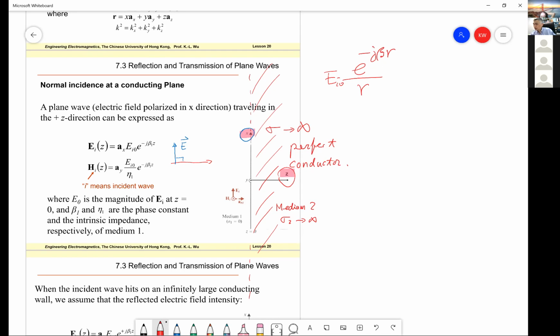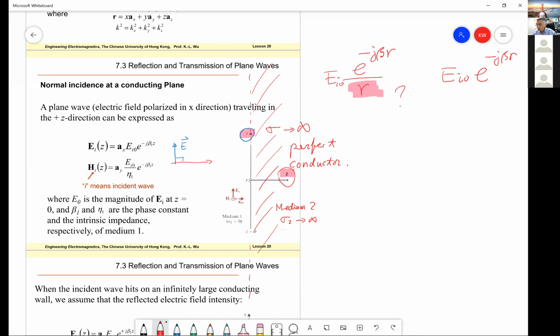Now you say, Professor Wu, you said plane wave becomes this, then where does this 1 over r go?